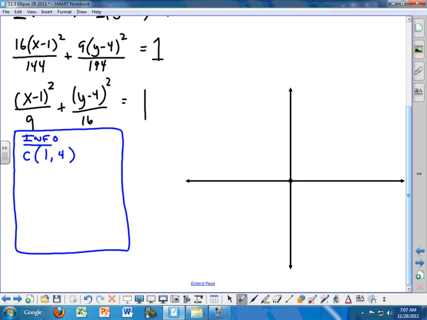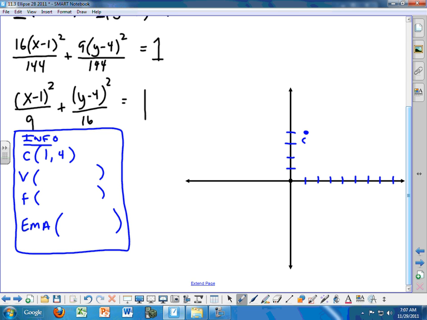The center, we're going to want to have the vertices, the foci, and the endpoints of the minor axis, EMA. Let's begin with our center here. So we are at the value 1, 4 for our center. There's our center.